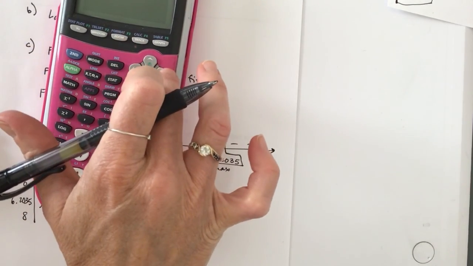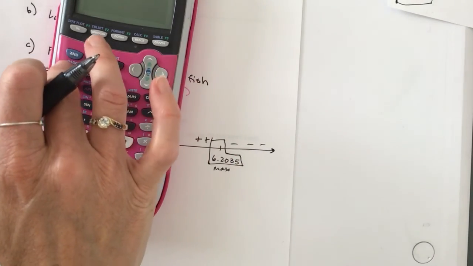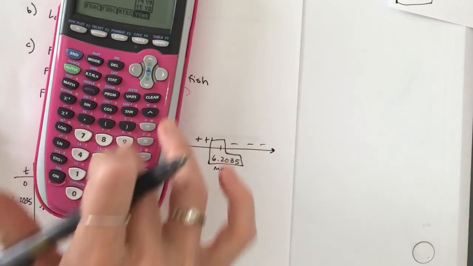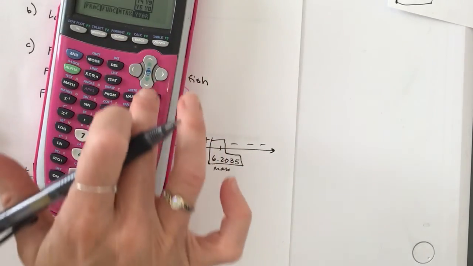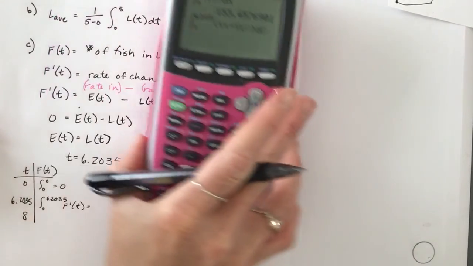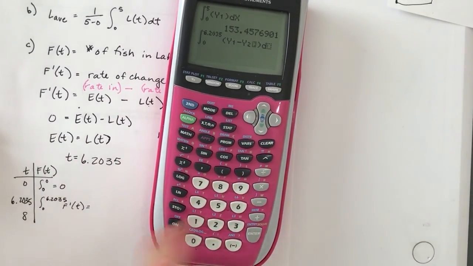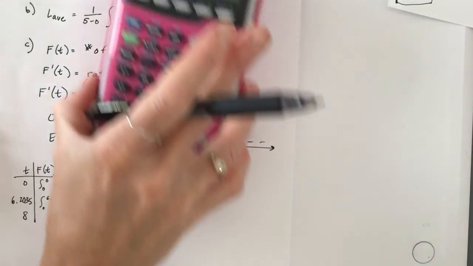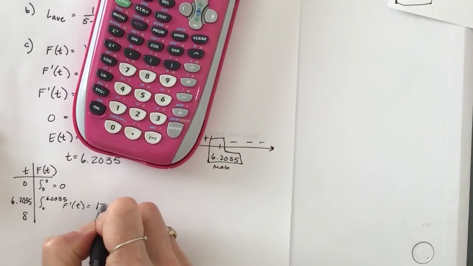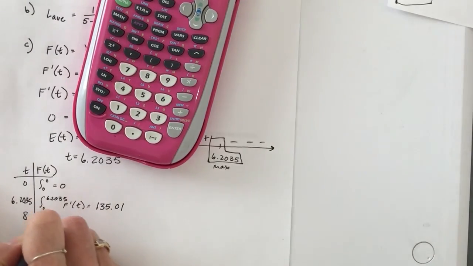Go back. Sorry. It's teaching the old dog new tricks again. Alpha F1, there we go, minus alpha F4, sorry. So I just did my rate in minus my rate out. So that's what I'm doing here. And we do X, and there we go. 135.01. And then we're going to go from 0 to 8.